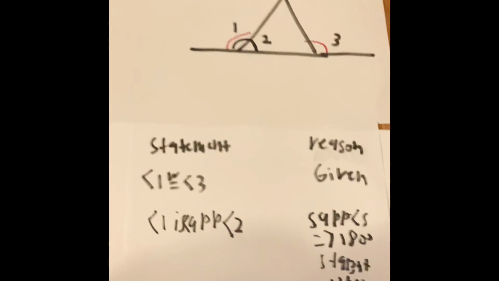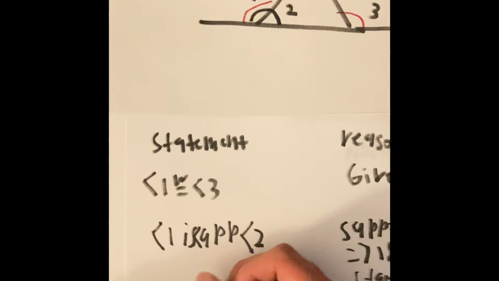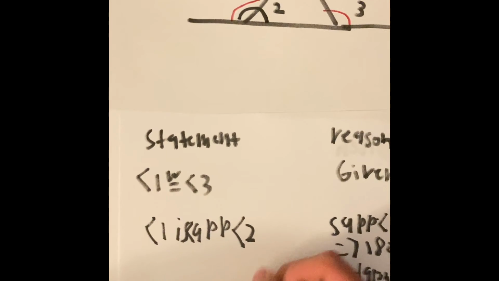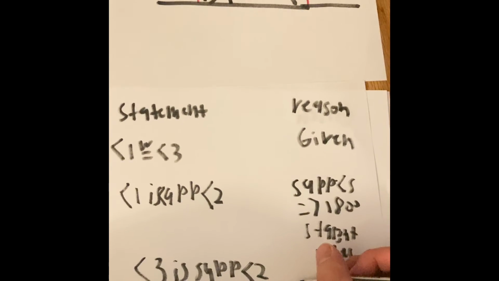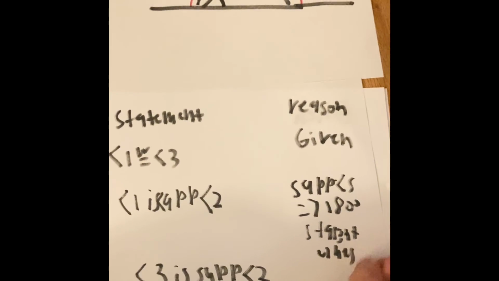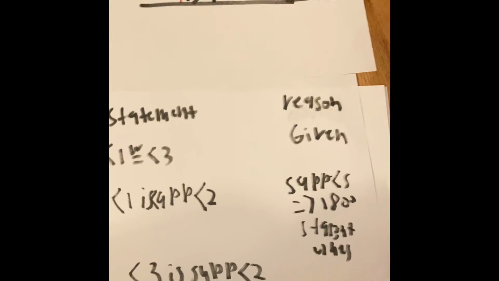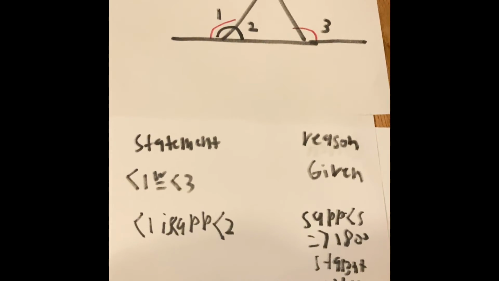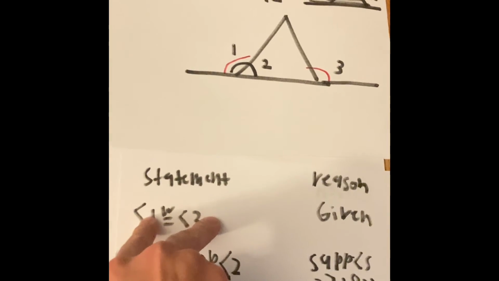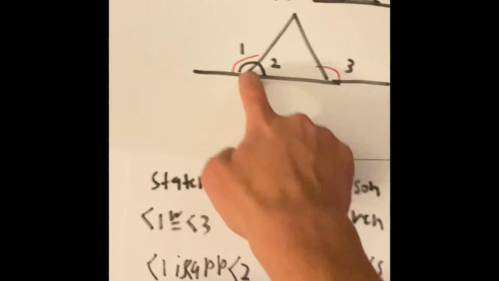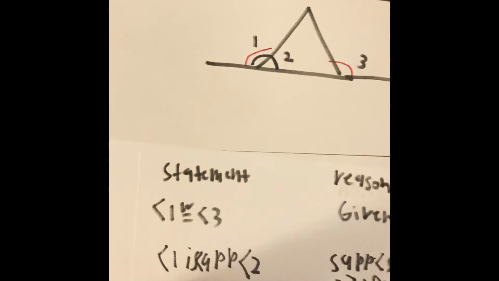Want to know why? We could say angle 3 is supplementary to angle 2, and the reason is substitution. But why? We said in the problem that angle 1 and angle 3 are congruent, and we also said that angle 1 is supplementary to angle 2.